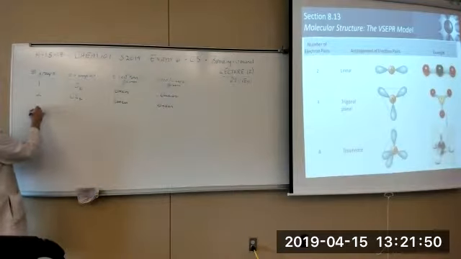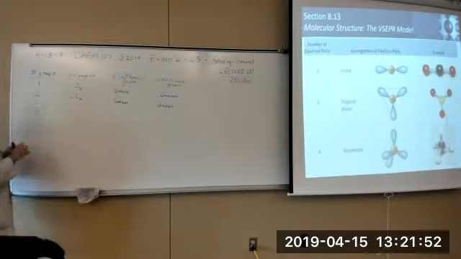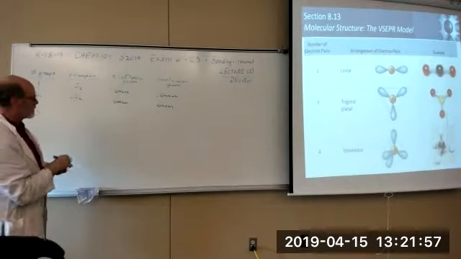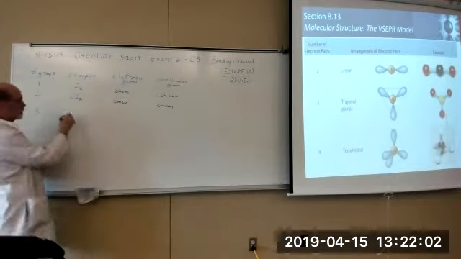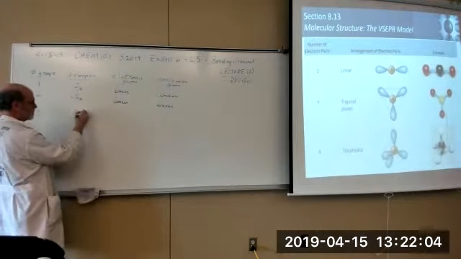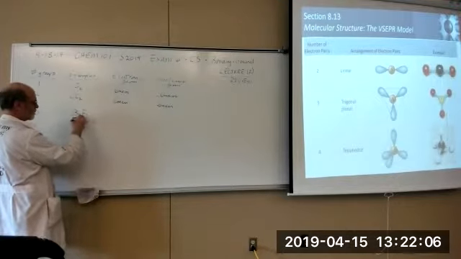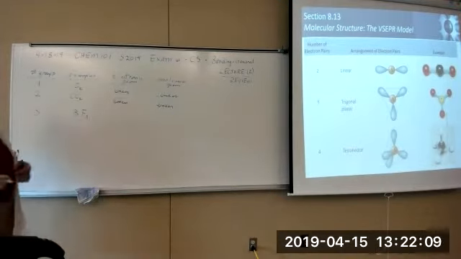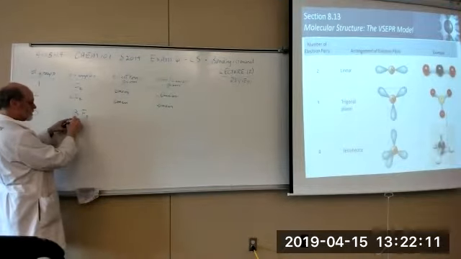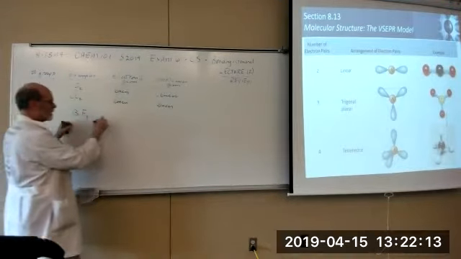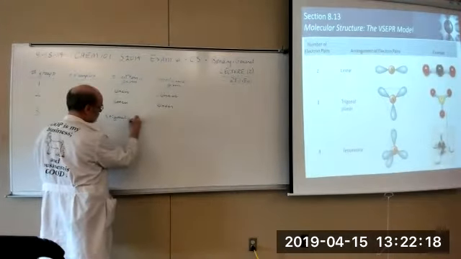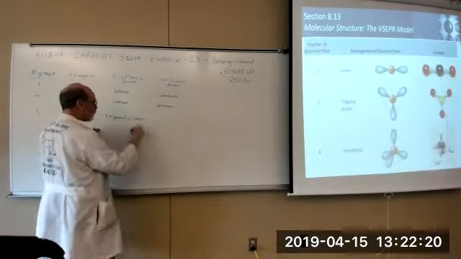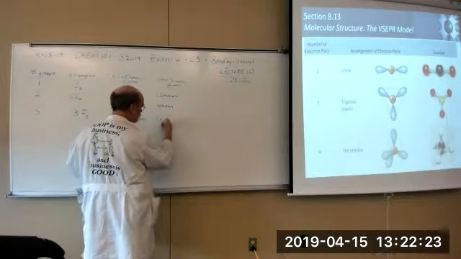If you have 3 electron groups, earlier we did this one, boron trifluoride. If you have 3 groups, and there are no lone pairs here, this is trigonal planar. There are no lone pairs, so it's still trigonal planar.